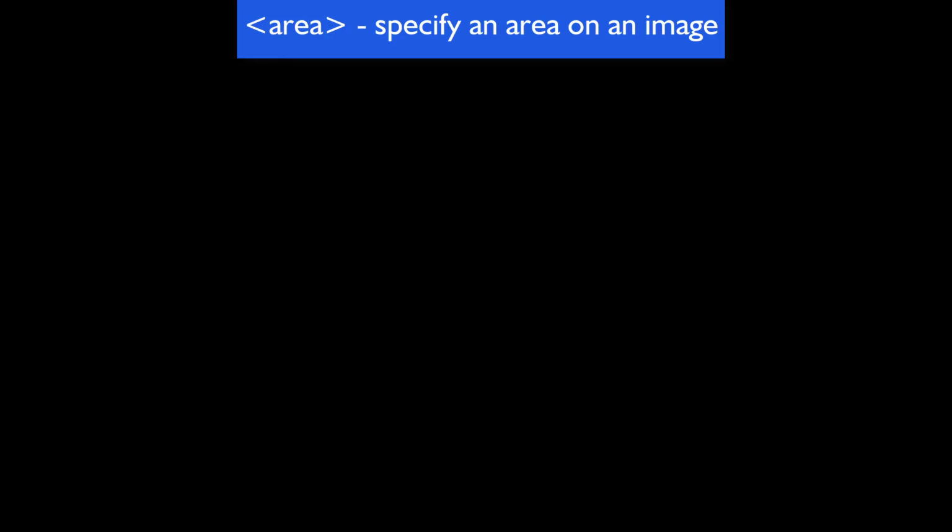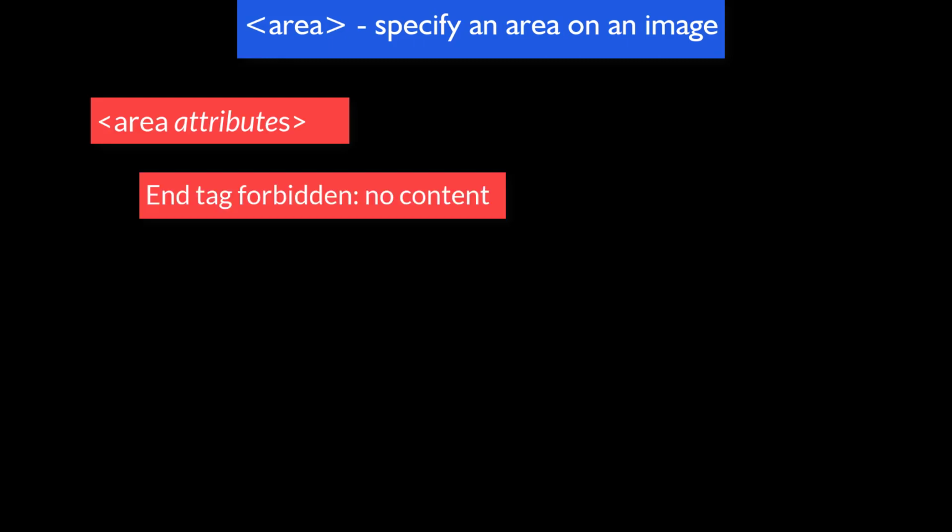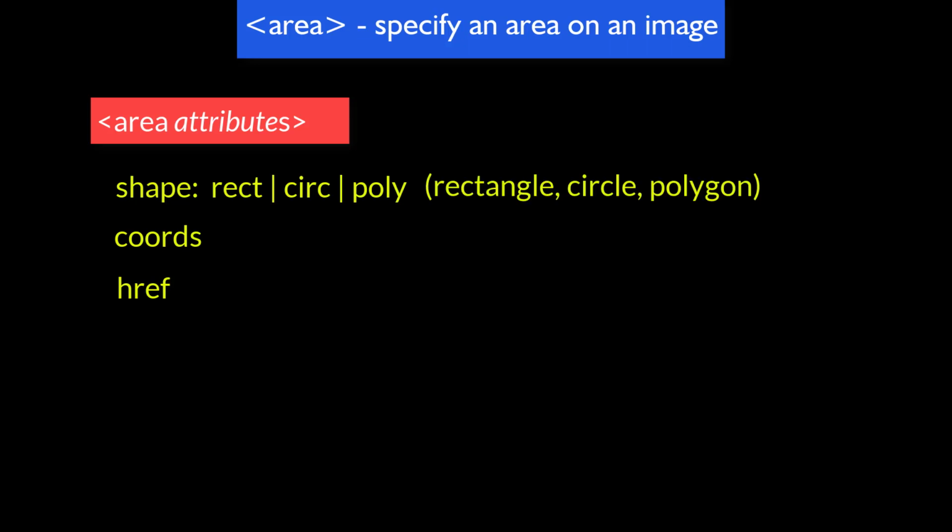Now, the area element, its role is to specify an area on an image. The syntax is a start tag, area, with several attributes. An end tag is forbidden. An area element has no content. And the useful attributes are shape, coords, and href. Shape is one of rect or circle or poly for rectangle, circle, polygon, respectively.